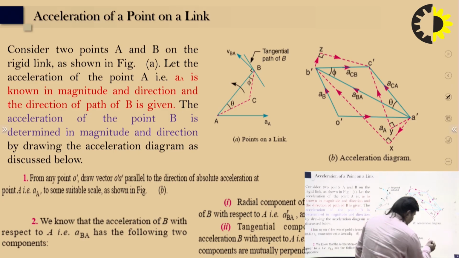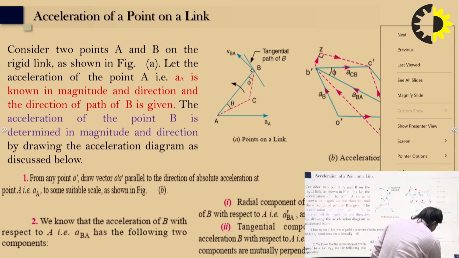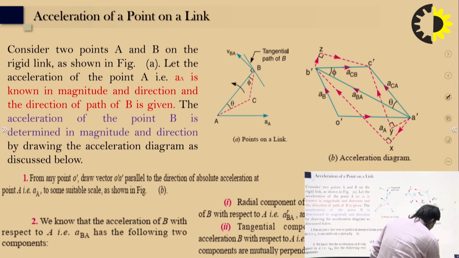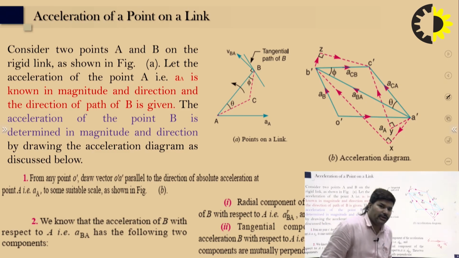So I take a suitable point O dash, and draw O dash A dash, and this is known as the acceleration of A.